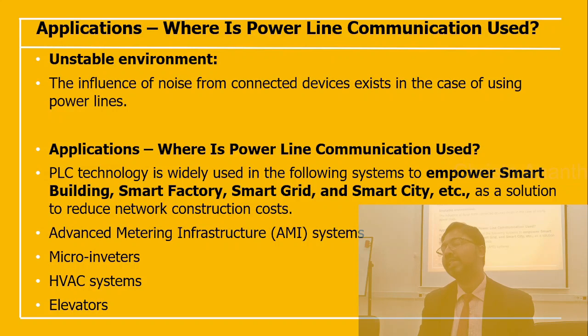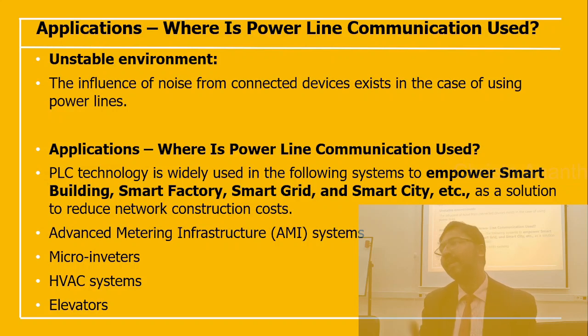Applications: where is power line communication being used? PLC technology can be used to empower smart building, smart factory, smart grid, and smart city. That is the solution to reduce network construction cost.